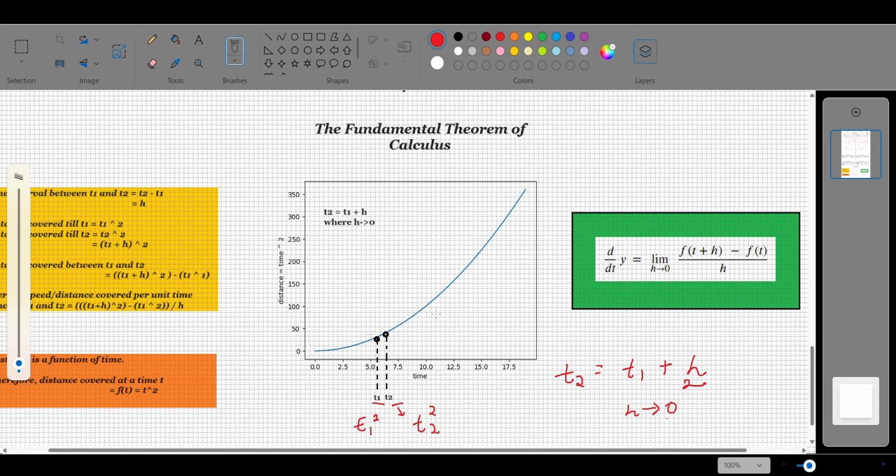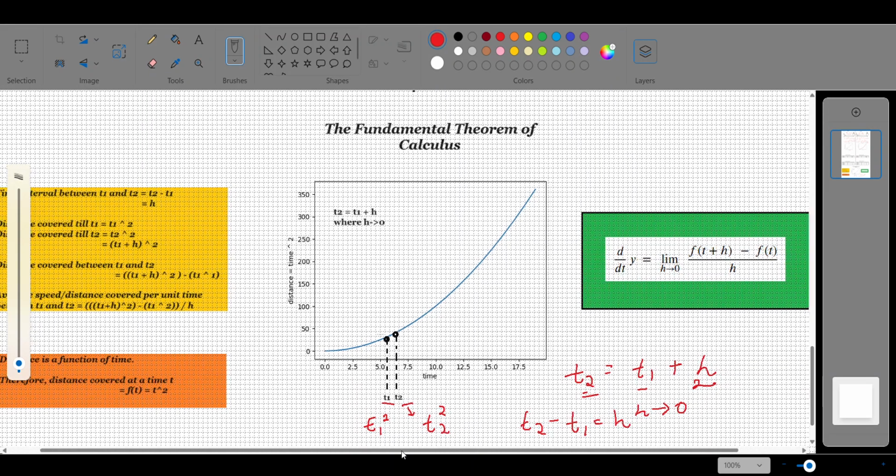This means that h is a number that's so close to 0. So you can see that t2 and t1 are hence very close to each other. We could also say that the interval is equal to h. So t2 minus t1 is equal to h, which is again close to 0. This means that t1 and t2 can be represented using just t1.